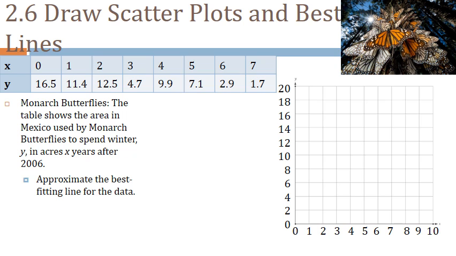So our table shows the number of acres, which is Y, that the butterflies use X years after 2006. So that means when X is 0, it's 2006. When X is 1, it's 2007, and so on. And we need to find the best fitting line for the data. Start by plotting all the points.